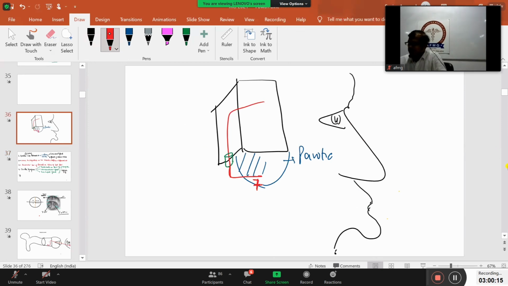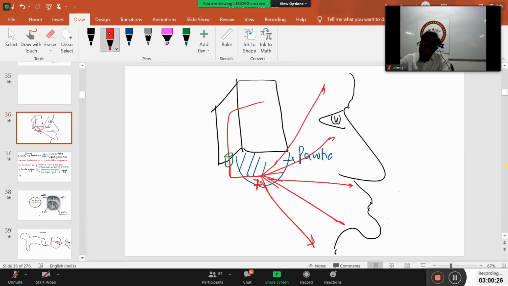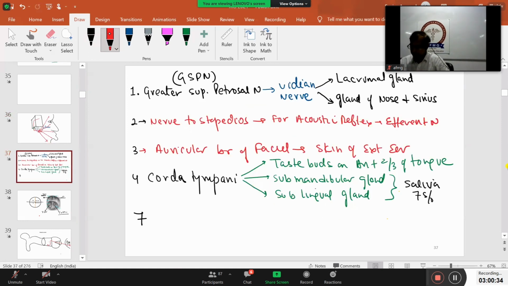And what happens in the 7th branch? It divides into 5 branches again. The 7th branch again is divided into 5 branches. And they will go and supply face muscles here, here, here, here. 5 branches. Like this. All the muscles of the face. So what I'm trying to say is the 7th branch in the parotid gland divides into 5 branches, and these 5 branches have a common name. What is the common name for these 5 branches of the 7th?